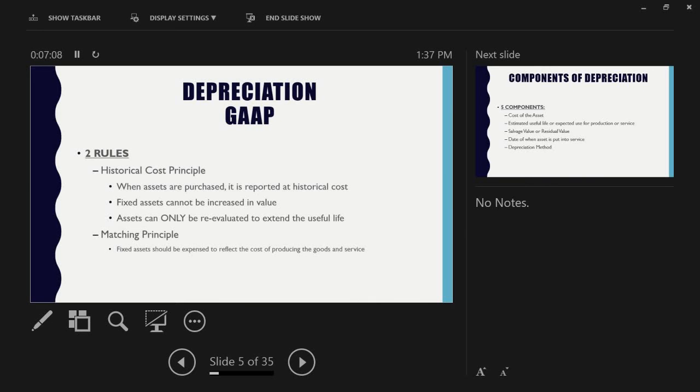So your historical cost must match your depreciation, because in other words, you're giving your asset less value. And how are you doing that? You're expensing it throughout the entire usage of its life. So the two important rules that govern depreciation will be historical cost and matching principle.